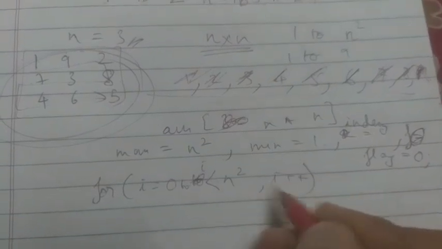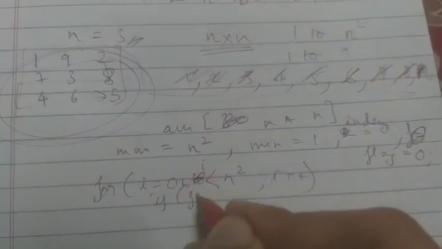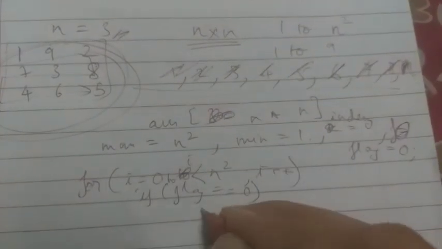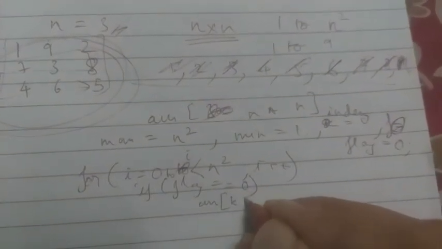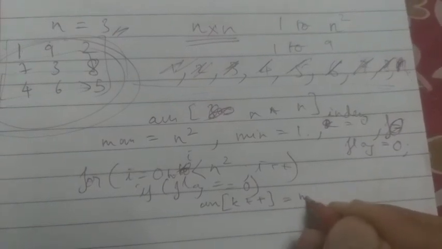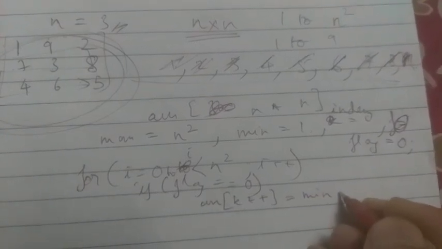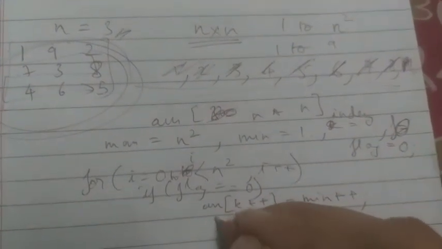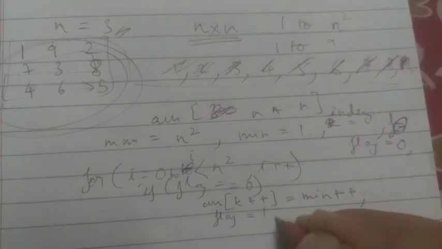Now if flag is equal to 0, so we are going to insert the minimum, min plus plus, that is 1, and we are going to increment min, and then we have to change flag to 1.